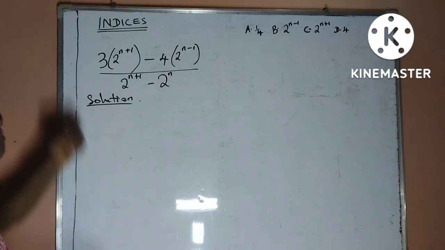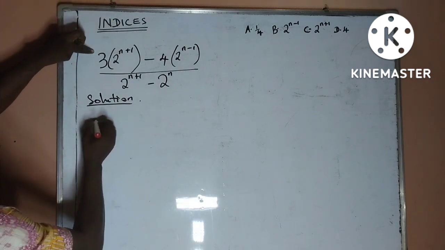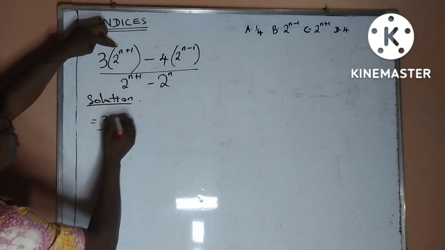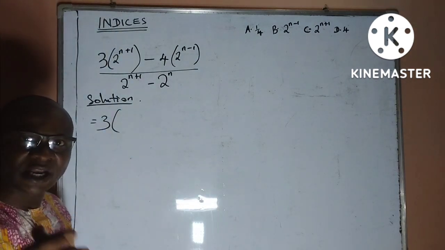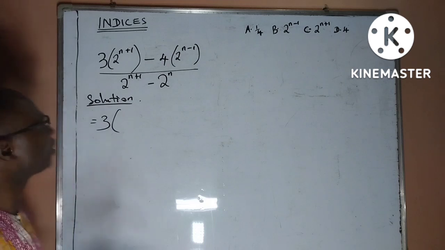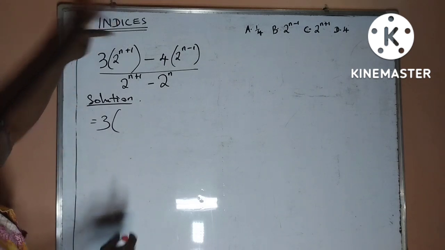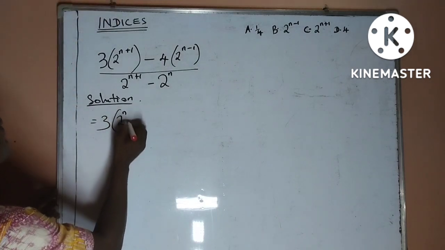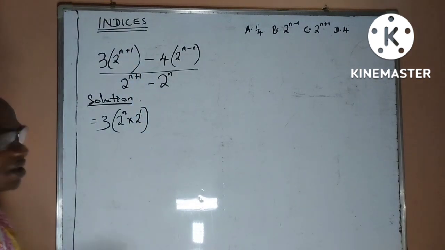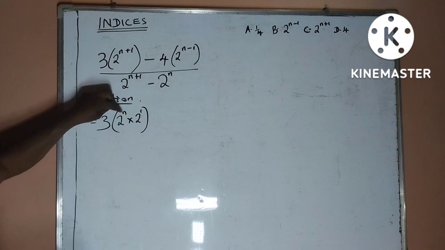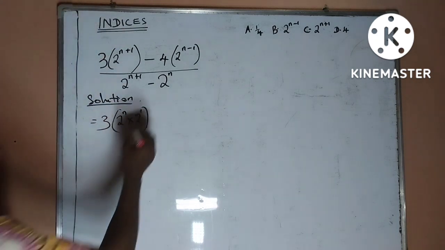By solution, from the numerator, I will write 3 into this 2 raised to the power n plus 1. I will apply the multiplication law of indices, and it is going to be 2 raised to the power n times 2 raised to the power 1. I have separated it. They have the same base, that is why the powers can add.